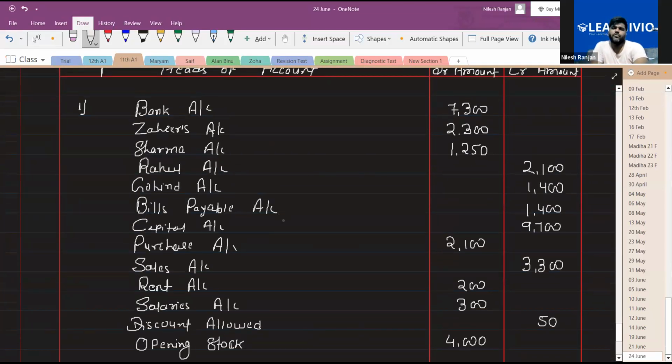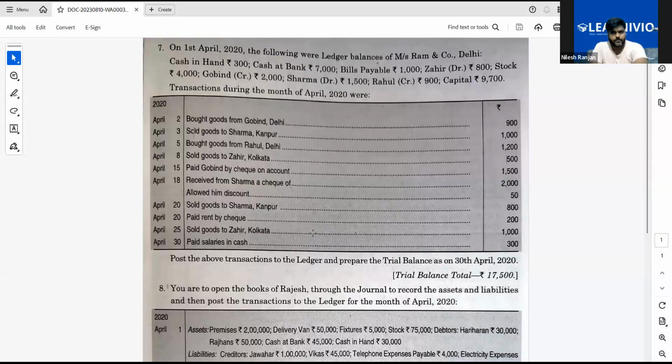There is one balance missing. Which one? Bills payable. There is one amount which is different.